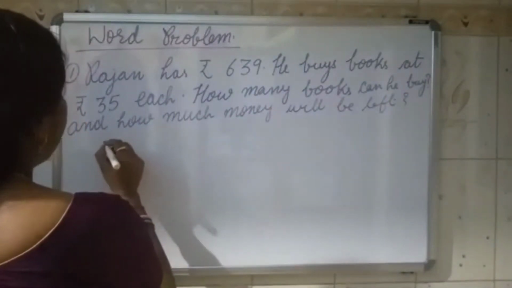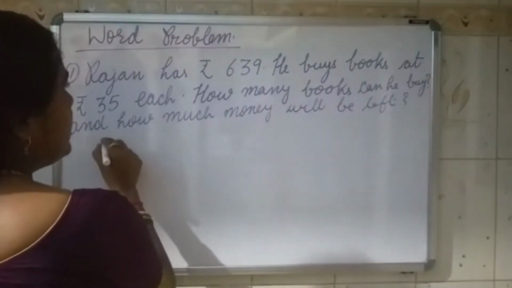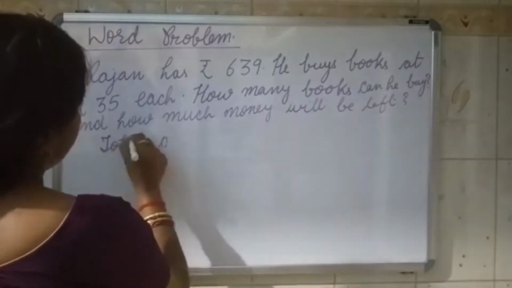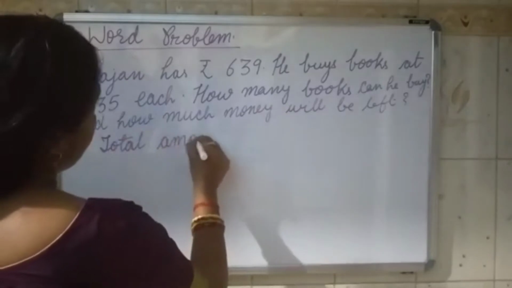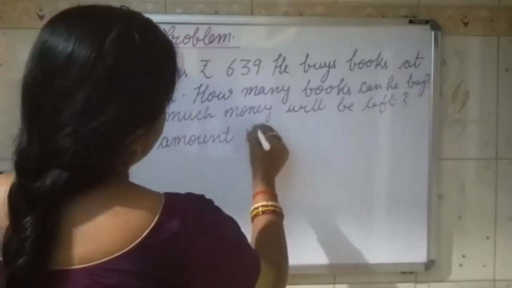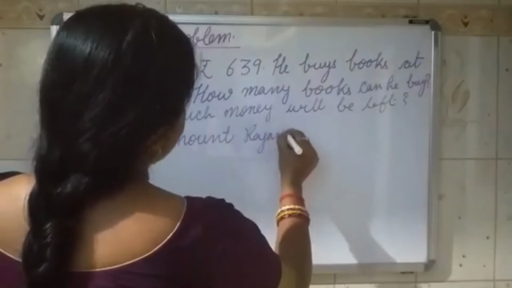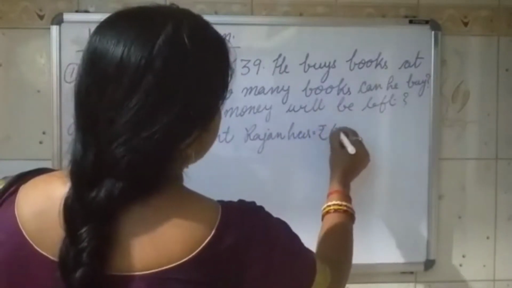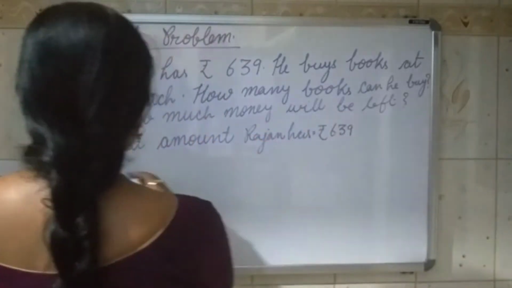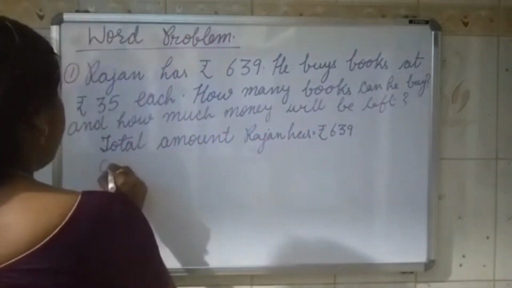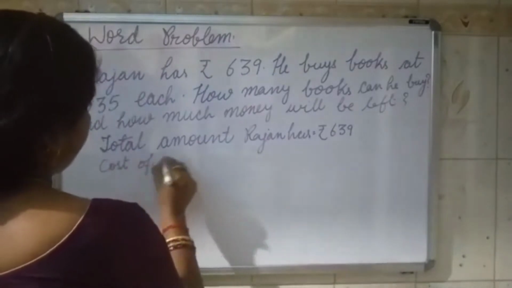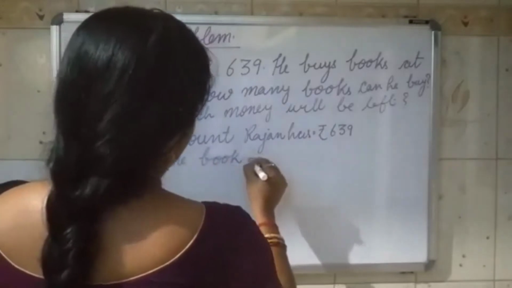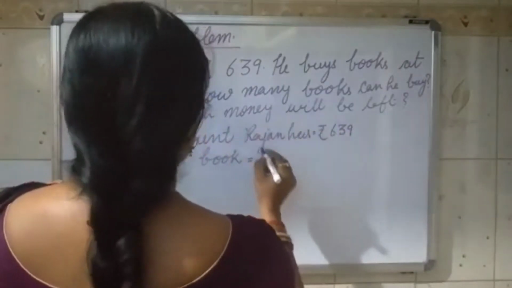So first, the total amount Rajan has is equal to rupees 639. Then the cost of one book is equal to rupees 35.